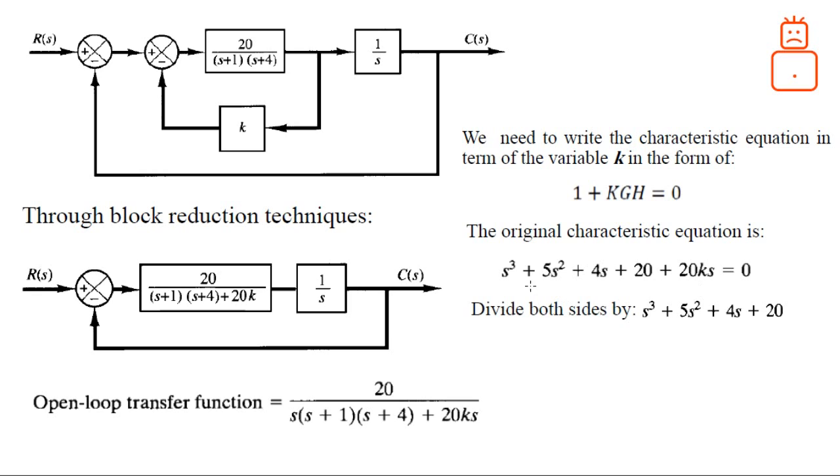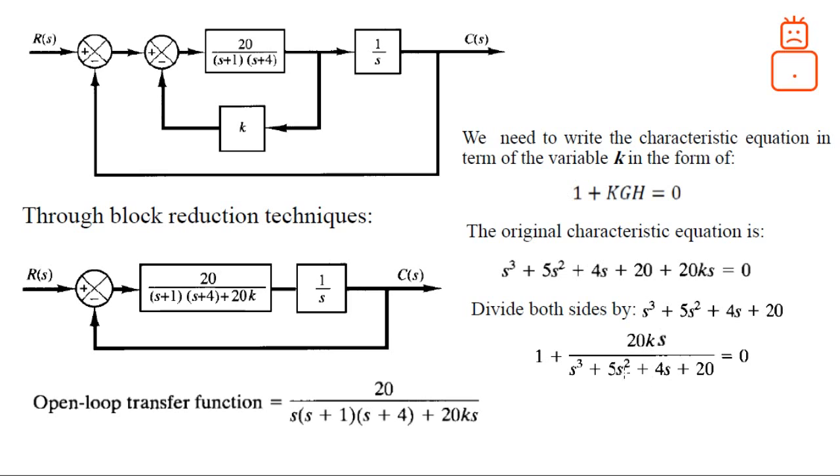So we have this format here: s to the power 3 plus 5s squared plus 4s plus 20. We divide both sides of the equation by this part here. As you can see, this part doesn't have k in it. So what we're going to get is this format, which is originally in this form here.